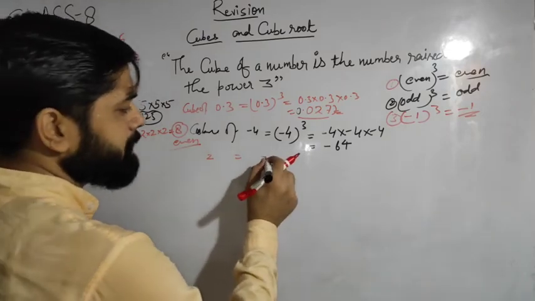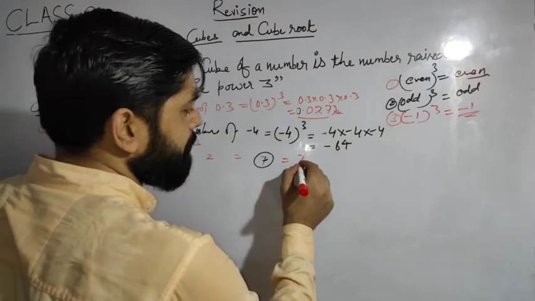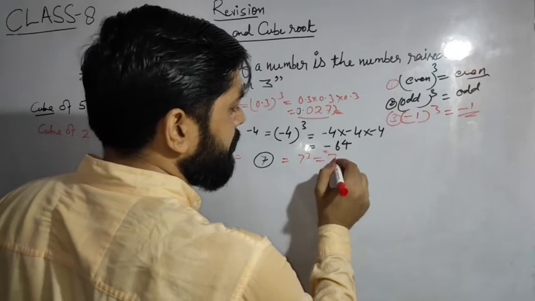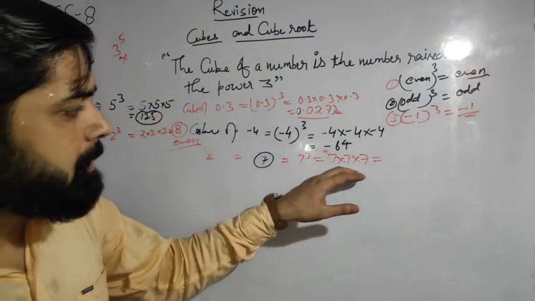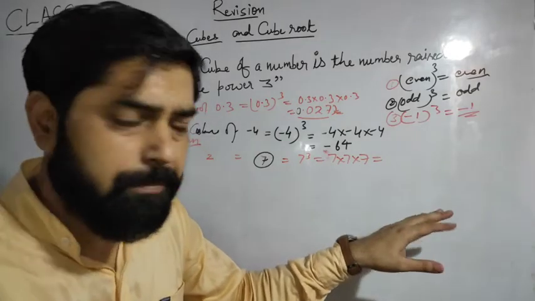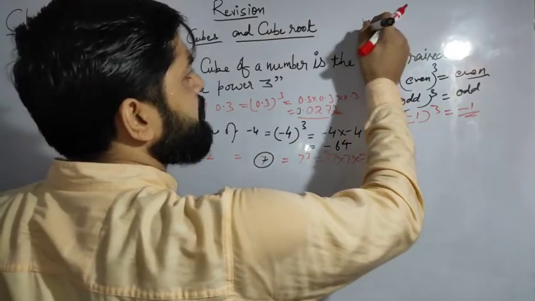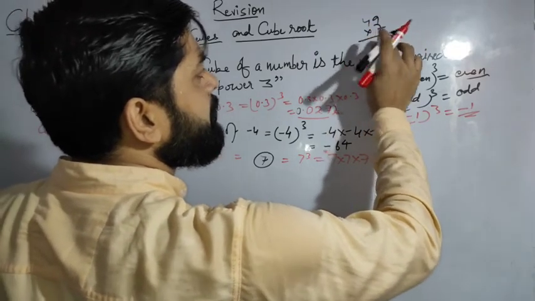Odd number 7. So what is the cube of 7? 7 is an odd number. So 7 to the power 3 is 7 multiplied by 7 multiplied by 7. Then 7 7s are 49, and then 49 multiplied by 7. 7 9s are 63.